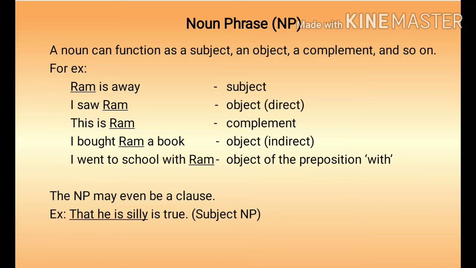That is, whatever function is performed by Ram grammatically is performed by this group of words. Since it is thus an equivalent to a single noun with respect to its occurrence, we group Ram and that silly donkey under the category noun phrase, that is NP.